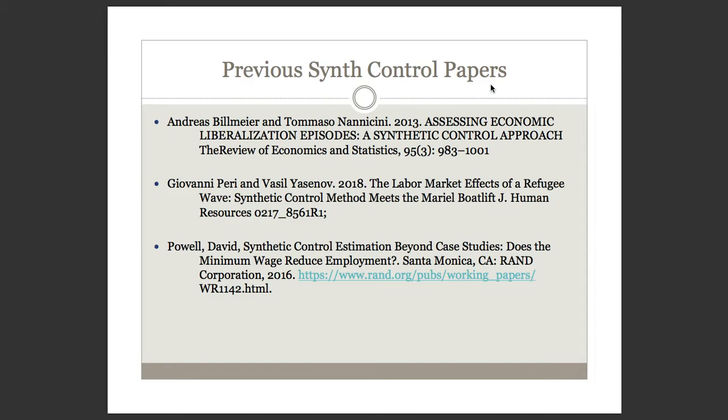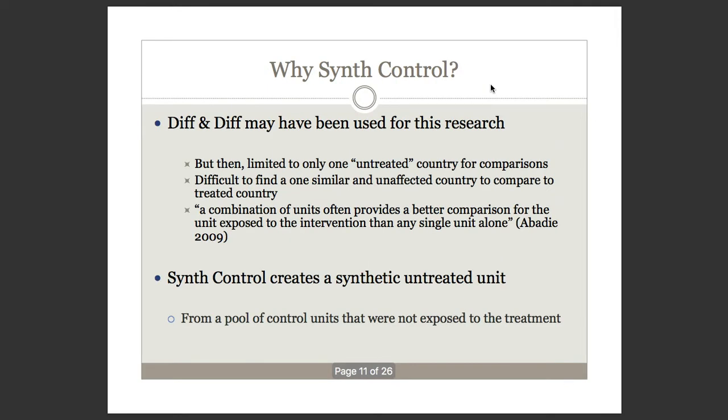Some other papers that followed Abadie's model looked at liberalization episodes. There is a kind of replication study on the David Card paper on the Mariel boatlift, and there's another one by RAND Corporation. So why do I use a synthetic control model? That's because there's no other country close enough to one of my treated countries to do a difference in differences. And also there are limitations to doing ordinary least squares. That's discussed more in the Abadie papers. You can look at those.